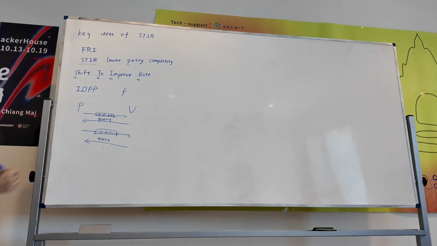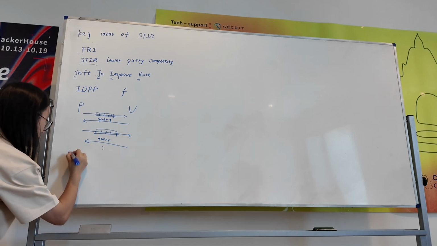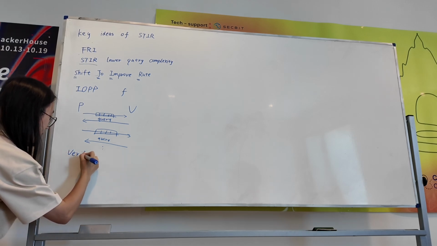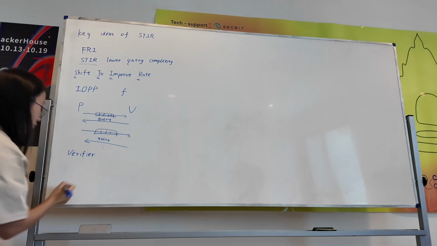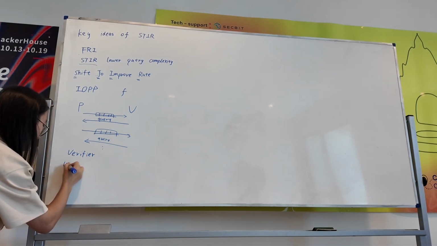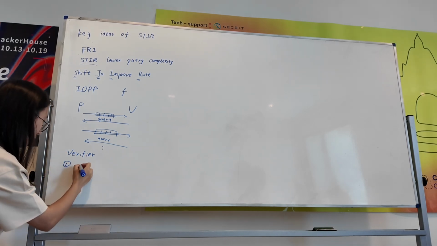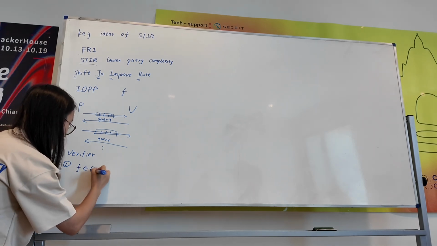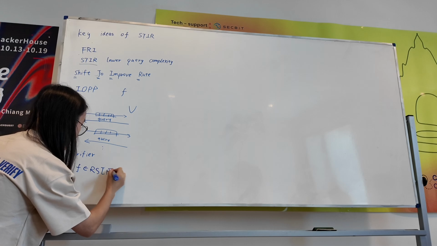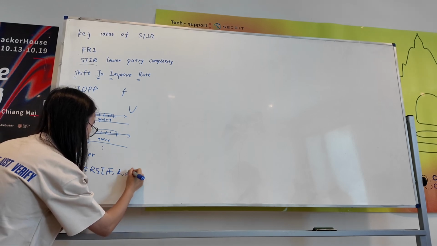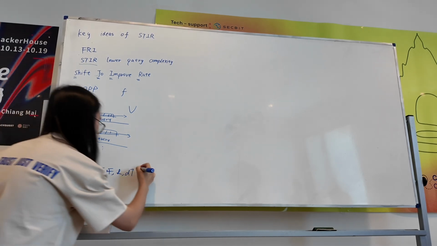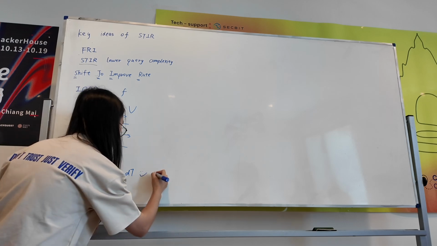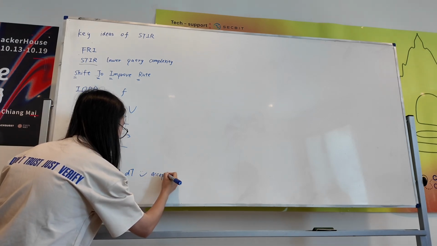At the end, the verifier should decide two cases. First, if f is a code word from RS code, he will accept.